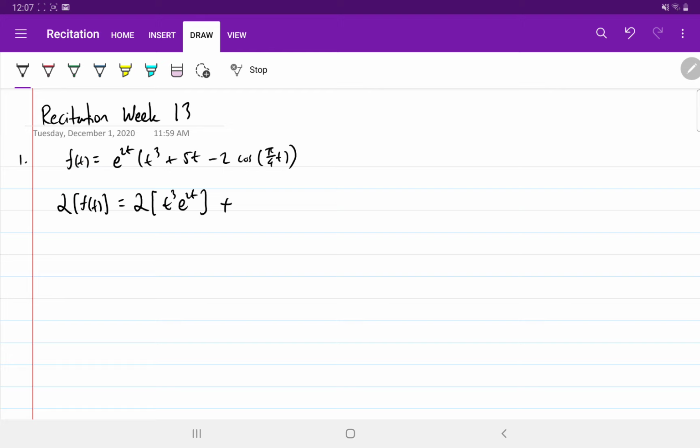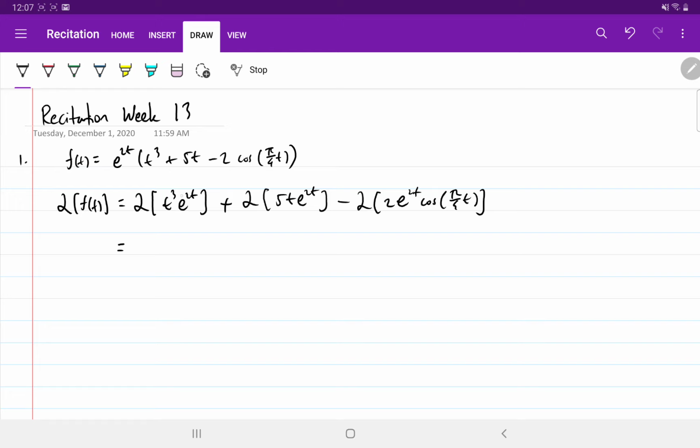Since Laplace transform is linear, then we can separate them. 5t e 2t, and then the last term we have minus, so minus Laplace 2e 2t cosine pi over 4t. Okay, so we can directly use the Laplace transform table.